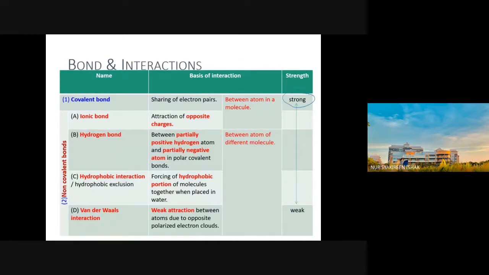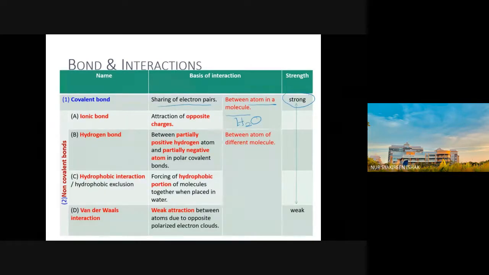It involves sharing of electron pairs between atoms in a molecule. For example, the hydrogen and oxygen within a water molecule share electrons to form the covalent bond between the hydrogen and the oxygen atom within the water molecule.